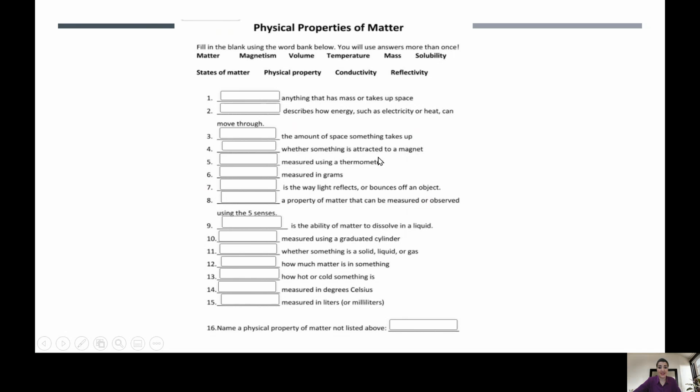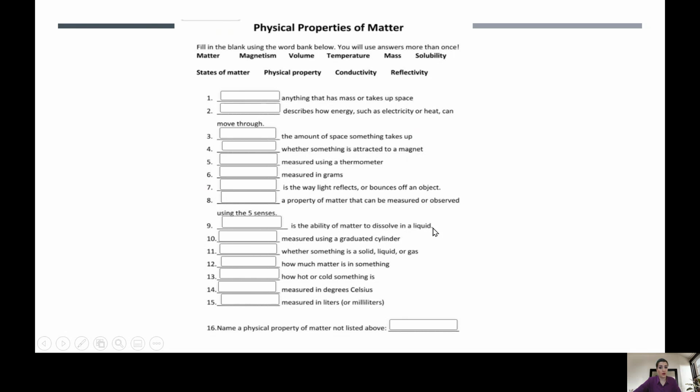Whether something is attracted to a magnet or not, this is magnetism. Measured by a thermometer, the temperature. Measured in grams, this is the mass. The way light reflects or bounces back, this is the reflectivity. A property of matter that can be measured and observed with the five senses, this is a physical property.